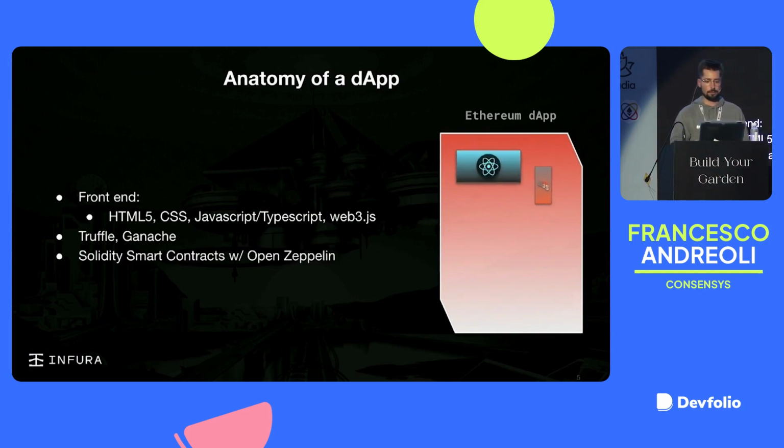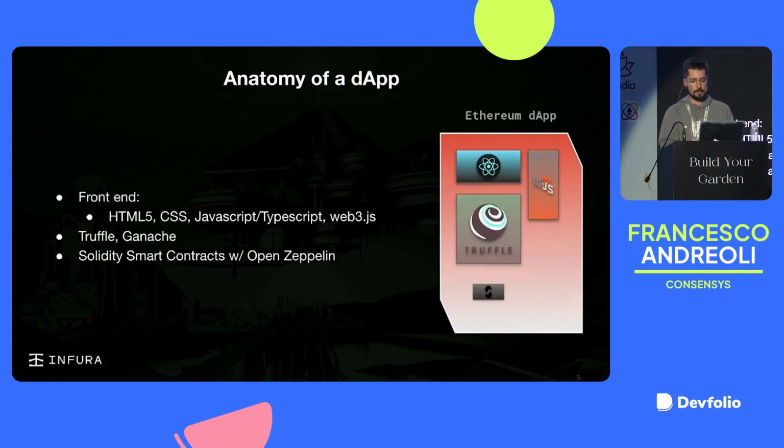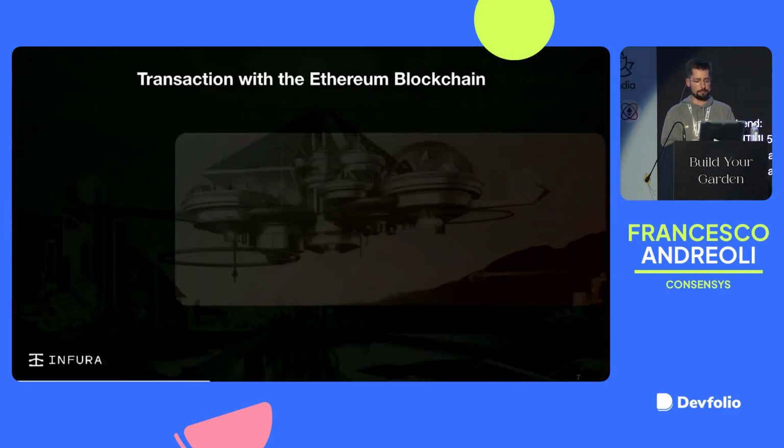Okay, cool. And then on a lower level, we define our smart contract. We can take some pre-built templates from OpenZeppelin. So basically React, Web3.js, Truffle for testing, and at the lower end OpenZeppelin and Solidity.